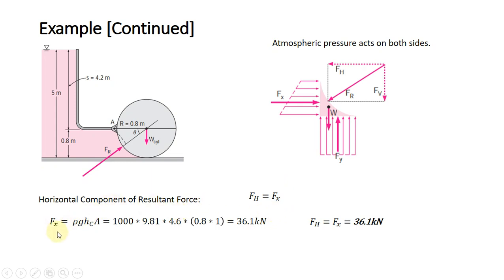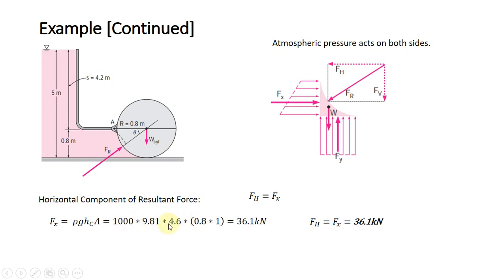From this we know that the force is rho g hC A. It's not actually an assumption, because we have atmospheric pressure acting on this side, and we also have atmospheric pressure acting on this side, and the two will cancel out. So the horizontal force is equal to rho g hC A, which is equal to 1000, that is the density of water, times 9.81 times 4.6.